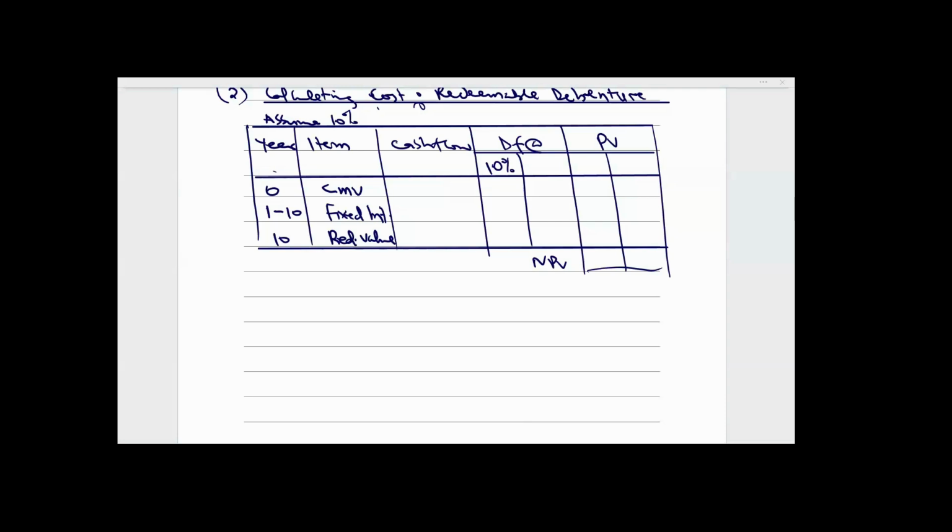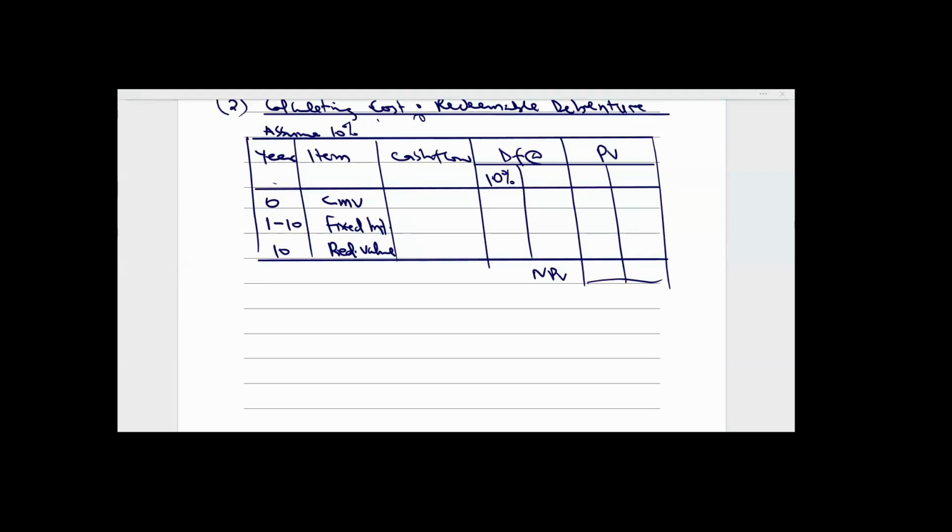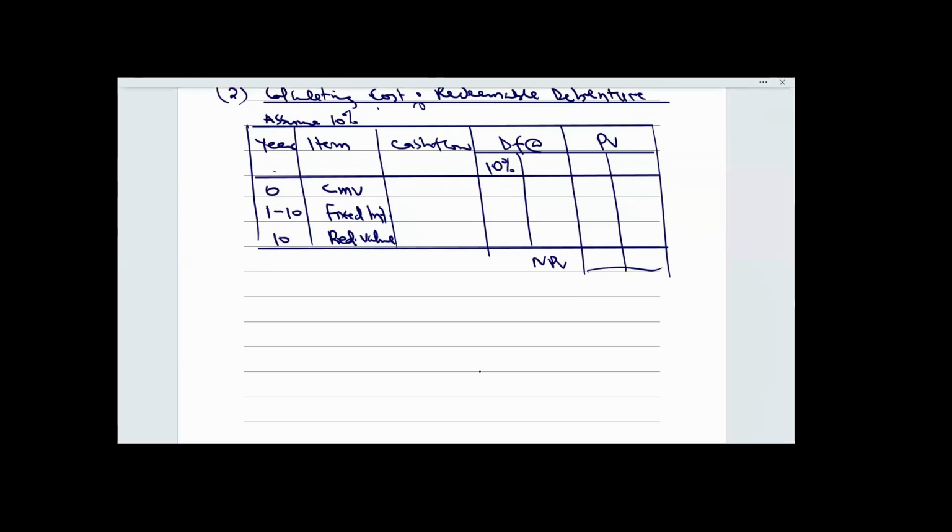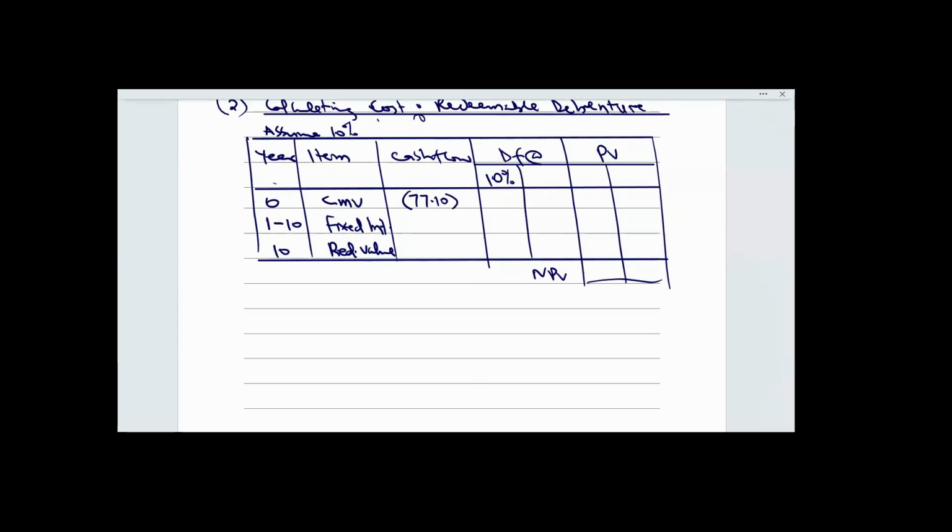Their current market value is 77.10. Annual interest has just been paid. So since interest has been paid, no adjustment is needed. So here will be equal to 77.10. I don't need to make any adjustment because debenture interest has just been paid.